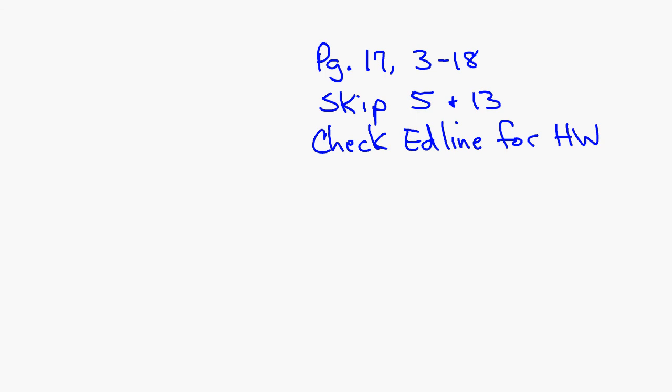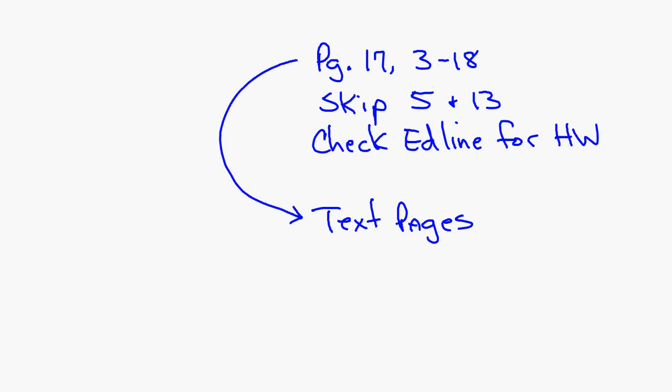I have added a folder to Edline. It's called Text Pages. You don't have a book yet, so what you don't finish in class, you're going to finish outside of class by going on Edline, clicking on Text Pages, and page 17 will be on there with today's date, so you can finish the assignment. Then you can check Edline to see if there's any homework.